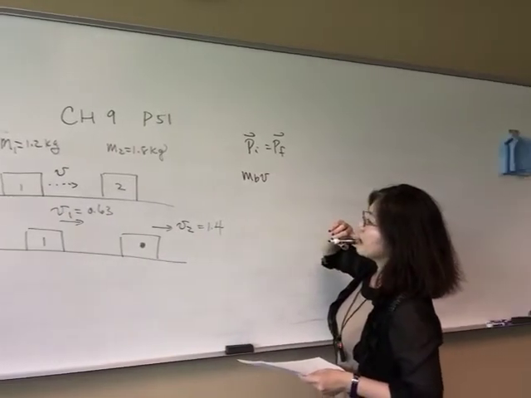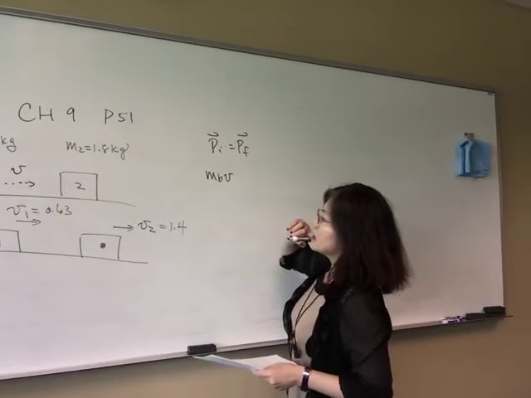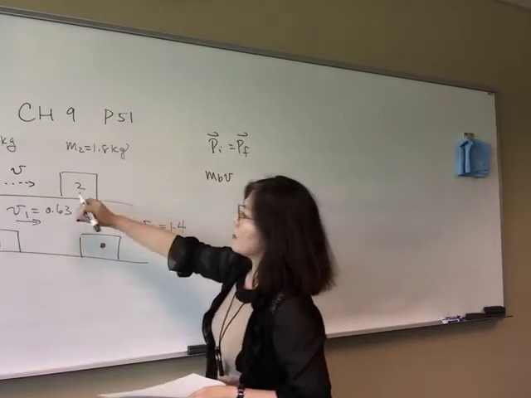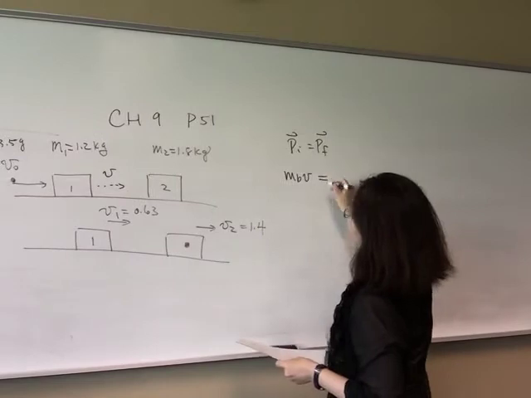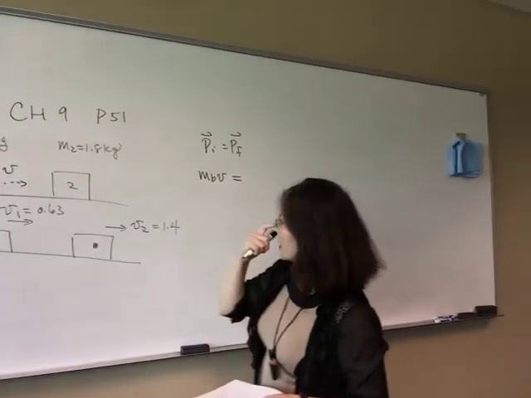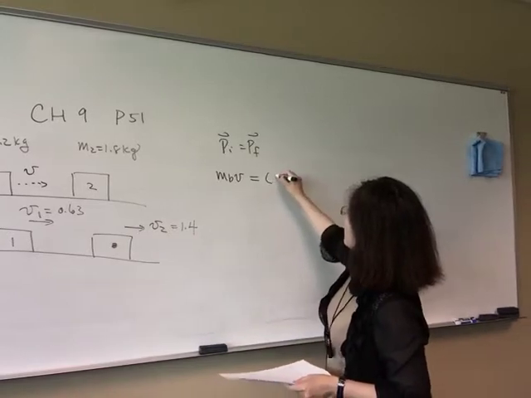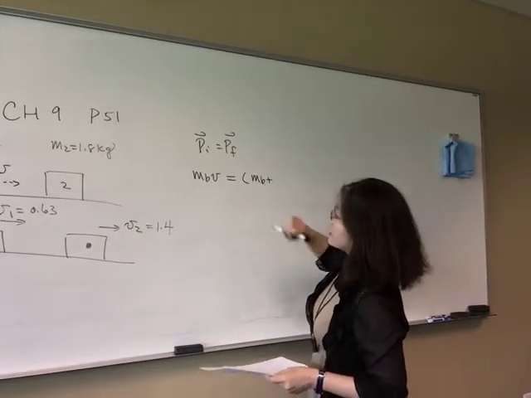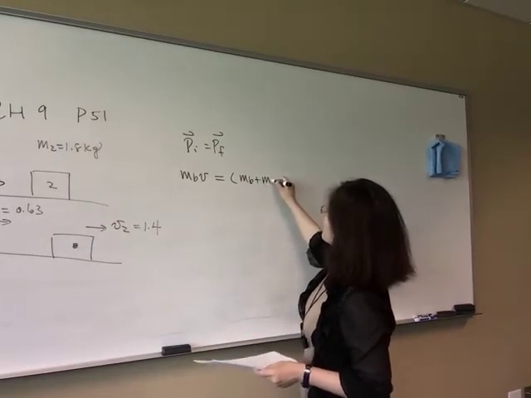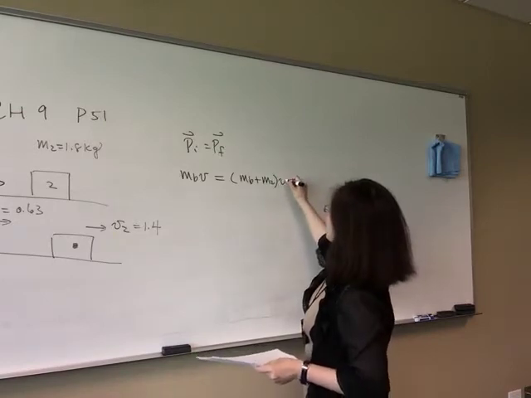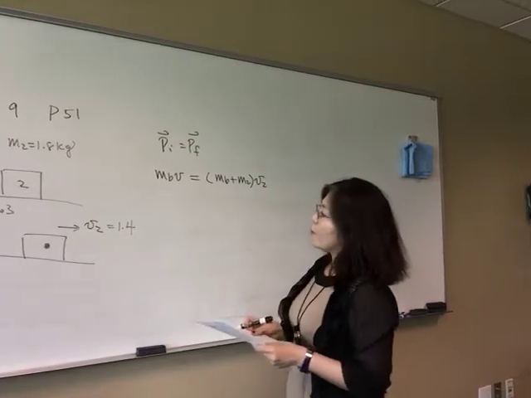That's the linear momentum at the striking point, and that has to be equal to the momentum when this thing is moving rightward. So you have the mass of the bullet plus the mass of block 2, and the whole thing has a velocity of 1.4.